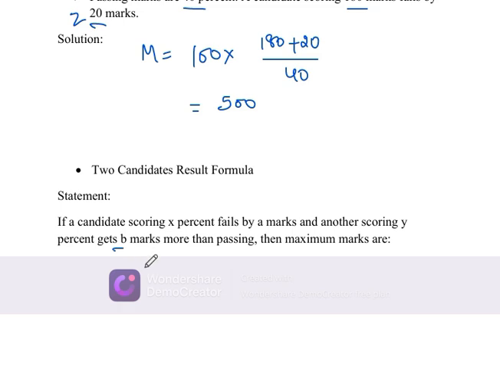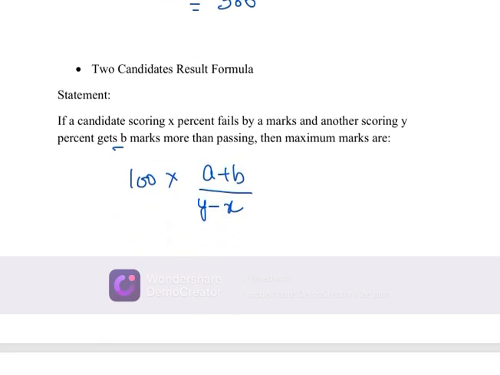How to find the maximum marks in this scenario? Simply use the formula 100 multiplied by A plus B, the marks by which they are short and above the passing marks, divided by the difference of their marks obtained, that means Y minus X. On solving this expression, you will get maximum marks. If you want to see a question, let's see.